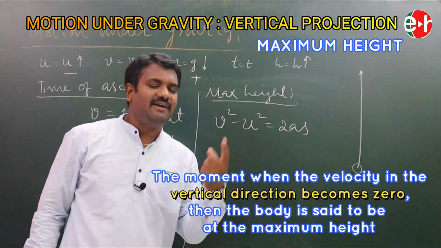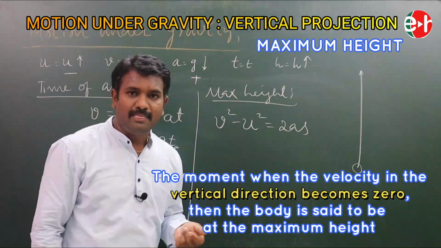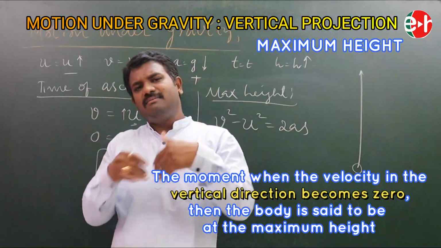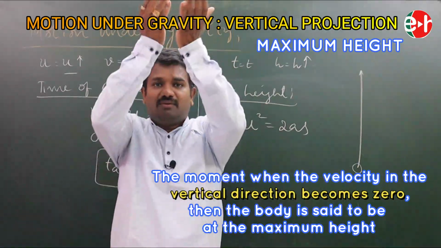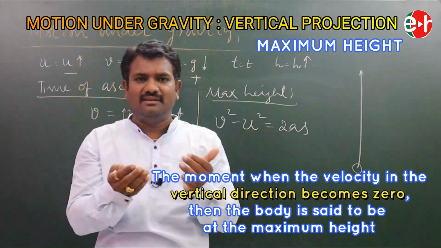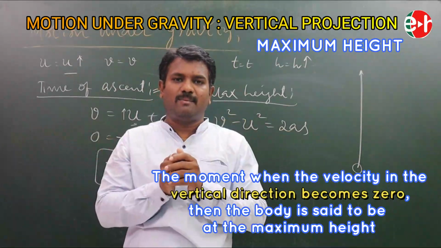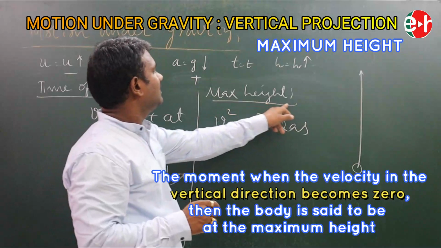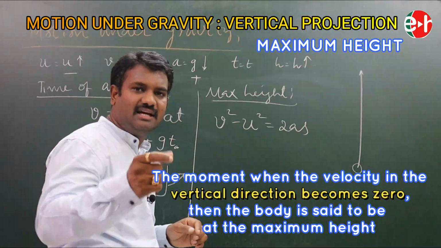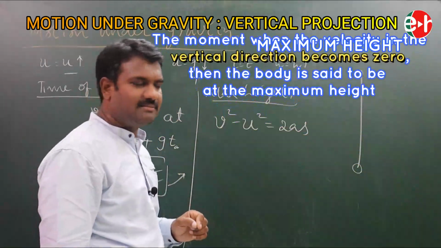The moment when its final velocity in the upward direction becomes zero is known as our maximum height, because you can't go further. If it still has some velocity, it will move further. As it doesn't have any velocity in the upward direction, it stops there. That's why the maximum height is defined as the position at which its velocity becomes zero.